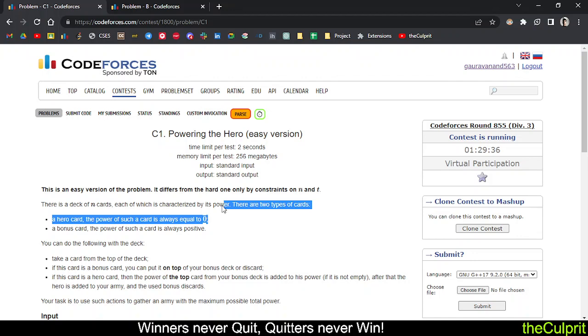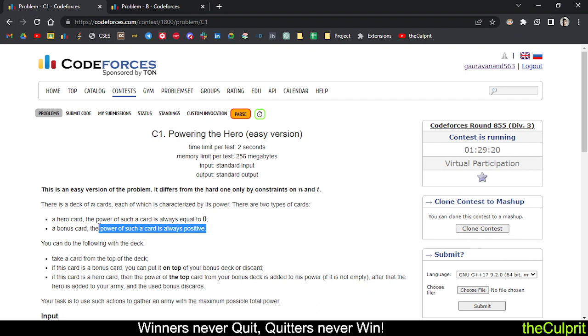Covering the easy one. There's a deck of n cards, each of which is characterized by its power. There are two types of cards. A hero card, power of such a card is always 0. Bonus card, power of such a card is always positive.